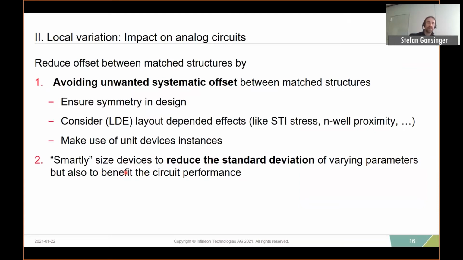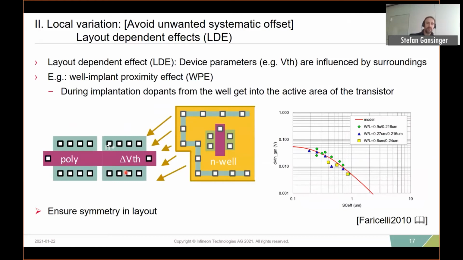Regarding the systematic offset with respect to layout effects. So there are many effects caused by non-optimal layout. One very famous is the so-called well implant proximity effect or N-well proximity effect. What is this? So let's assume we have two transistors like this, and they should have a perfect matching. But next to the right transistor, there is an N-well. So this transistor sees a different surrounding than this one.